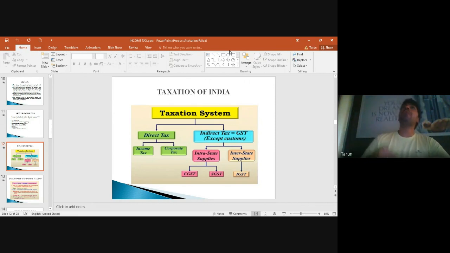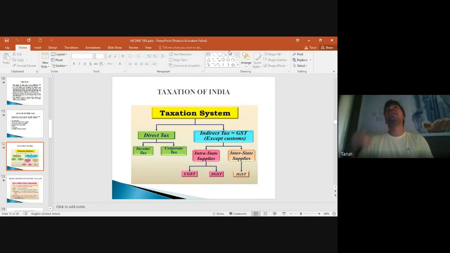So when we talk about interstate supply, goods and service tax will be applicable, and that tax rate is 18% only, right? So if one person supplies goods in different states, 18% tax will be chargeable, and that 18% tax on the amount earned will directly go to the integrated goods and service tax.